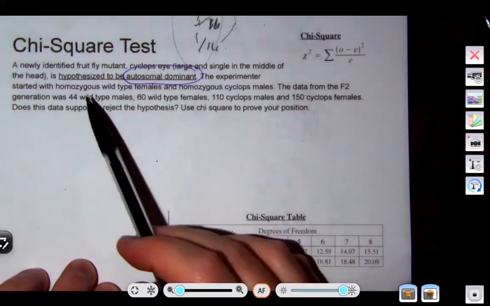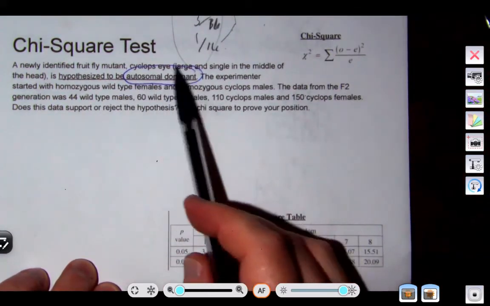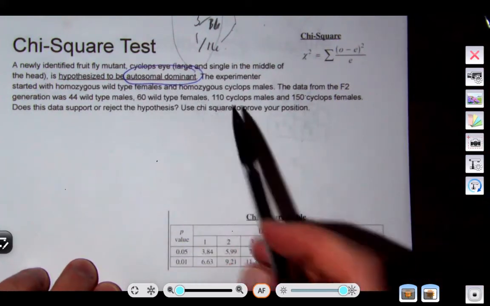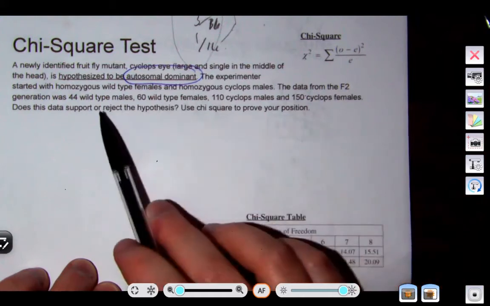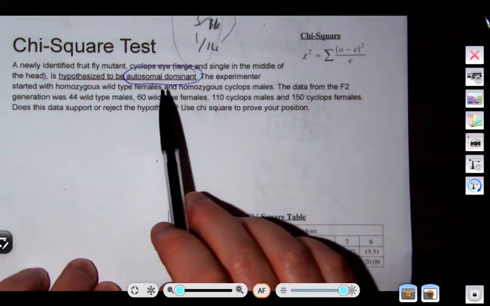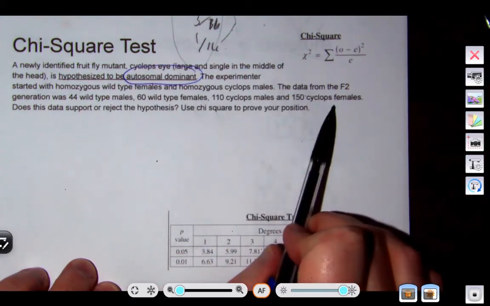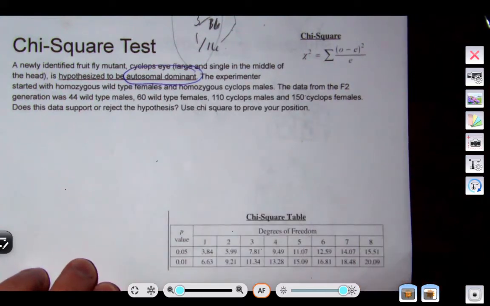In this case, wild-type is going to be recessive because we think that the Cyclops I is dominant. And so the data from the F2 generation was 44 wild-type males, 60 wild-type females, and 110 Cyclops males and 150 Cyclops females. Does this data support or reject the hypothesis? Use the chi-square to prove your position.